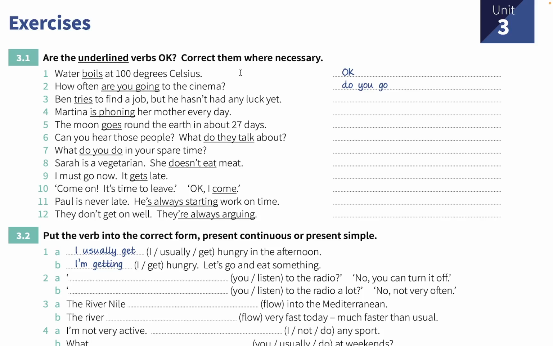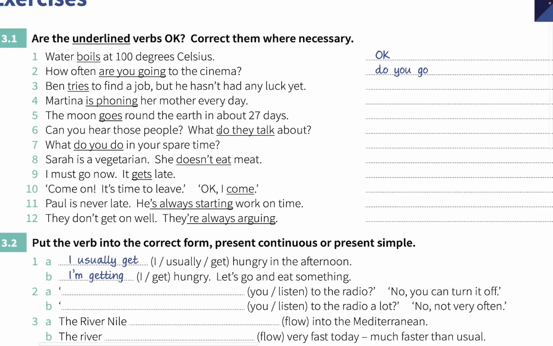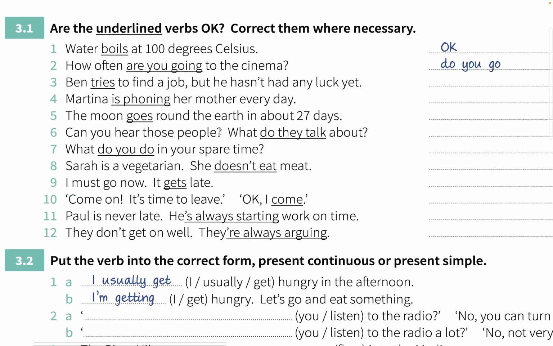What do you guys want to do? Do you want to read this first or just answer them now? Bebas. Okay. Anyone else?